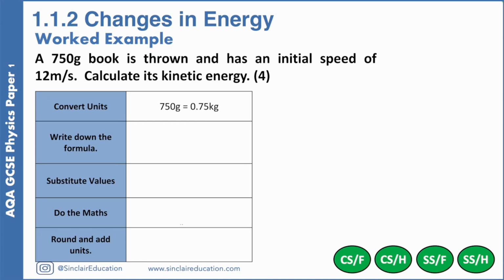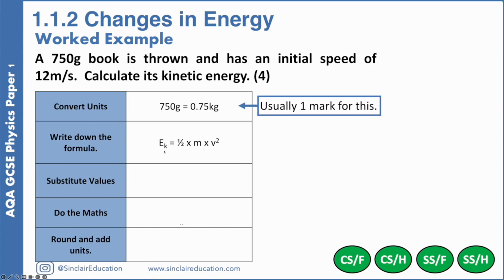Be really systematic in your exam questions. Some of the questions might just ask you for the equation first of all and to write it in the space. Later on, especially in a higher paper, they'll just ask you to calculate, but it doesn't really matter. If you aren't given the formula, write your formula first of all.